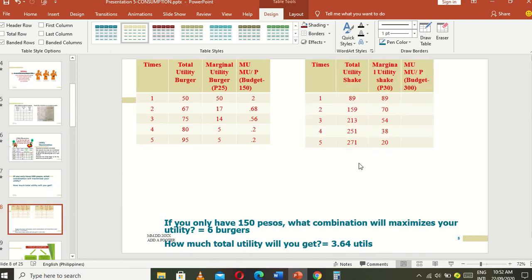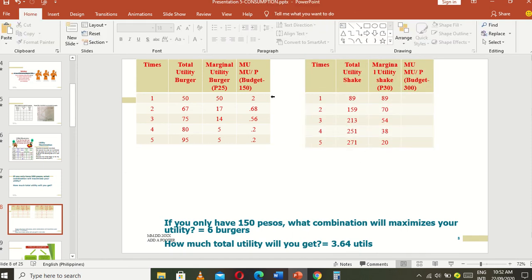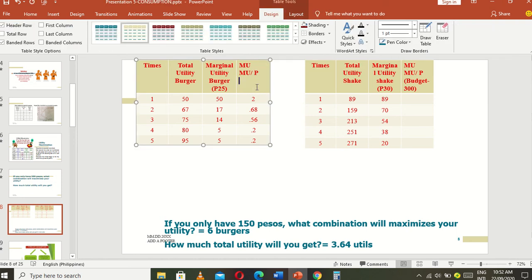So as you can see, we have the combination here of the burger and the shake. The burger is worth 25 pesos and the shake is 30 pesos. Now, that's the case. How will we maximize the total utility?